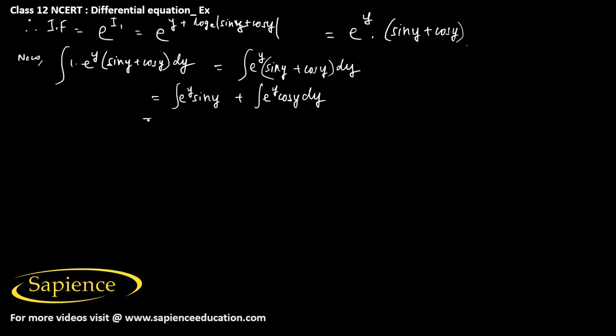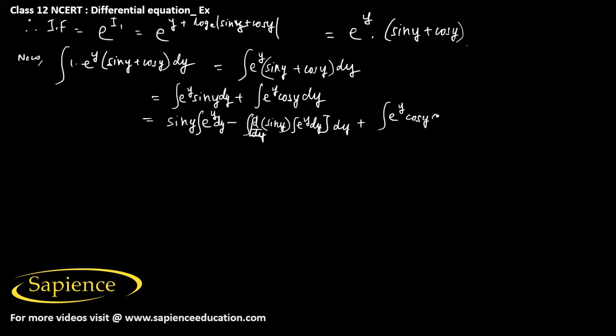Here, if we take e power y as the second function and sin y as the first function, we will get sin y into e power y minus integral of d/dy of sin y into integral e power y dy, whole integral dy. Then plus this, I can keep it as it is, e power y into cos y dy.